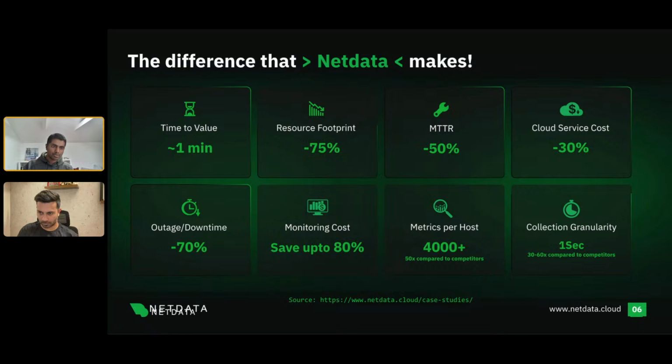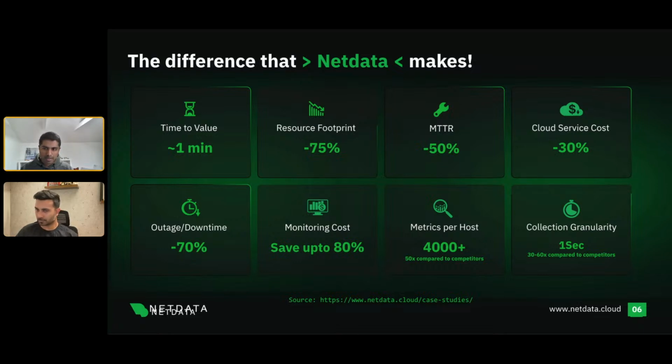And that led to up to a 30% reduction in the cloud services cost, which could be hugely significant depending on your infrastructure size. We already covered the fact that the mean time to resolution can be halved, and this is something that we've heard time and time again. And this is where your anomaly detection, metrics correlation, and the out-of-the-box alerts really matter.